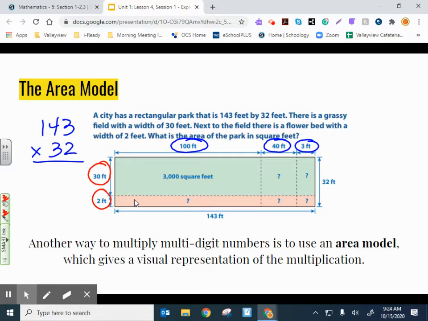And what you're doing here with the area model is multiplying these numbers just like you would solve for the area of a shape. In this case, this one would be 100 times 30, which equals 3,000, and so on and so forth for these other ones. We'll get into solving those in just a minute, but I just want to show you why this works out the way that it does.